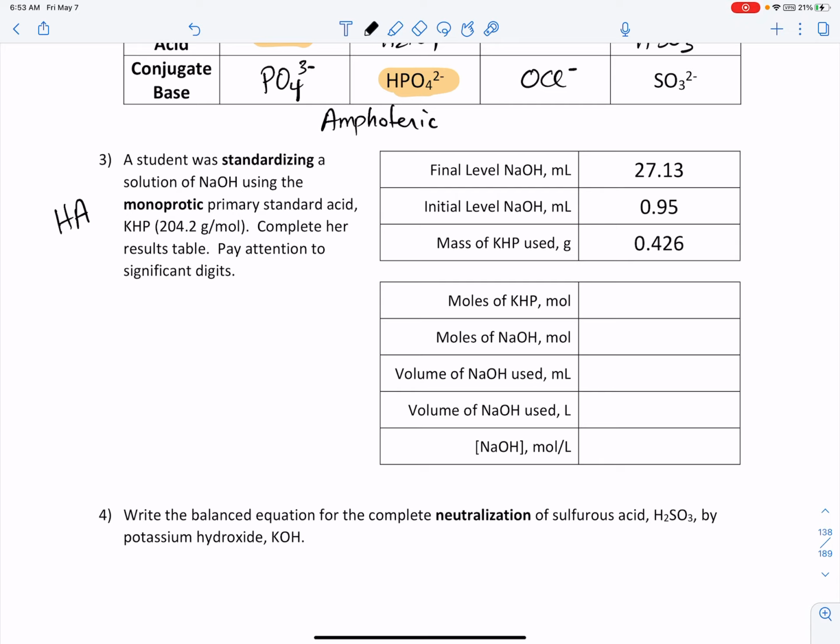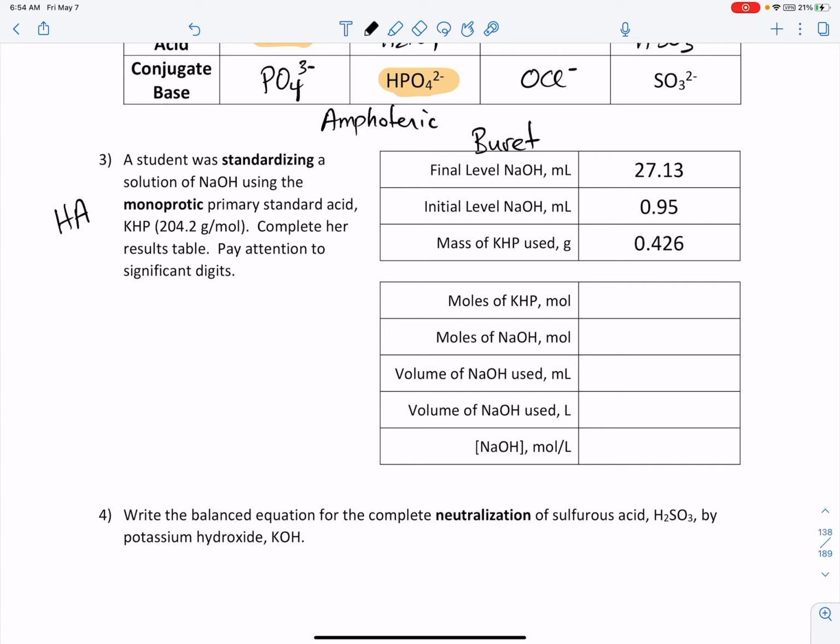We're given the initial and final level of sodium hydroxide. That would have been in a burette, right? When you do a titration, you use a piece of glassware called a burette. You filled it with the sodium hydroxide solution, and initially the level was 0.95 milliliters. Then you add the sodium hydroxide from the burette to a flask underneath, and that flask contains acid.